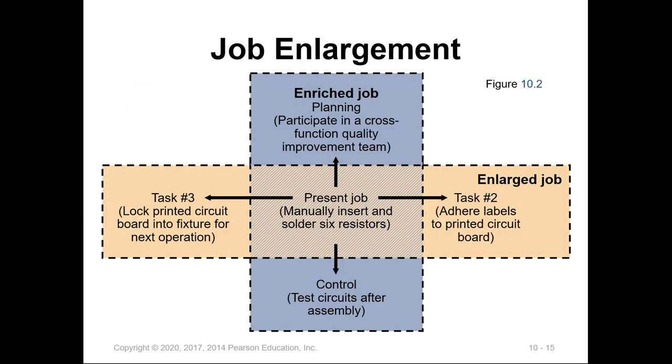This figure shows options of expanding a job through enlargement by adding similar or related tasks and grouping them together, and the worker can do all of them because they have the skills. So those tasks will mostly require the same skills from that employee. In addition, we can expand through job enrichment by giving an employee more responsibilities such as planning or participating in a cross-function quality improvement team.